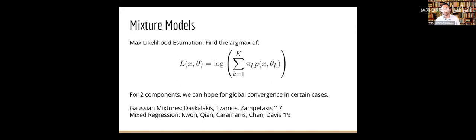In particular, in 2017, Daskalakis, Tzamos, and Zampetakis showed that for a Gaussian mixture of two components, we can initialize randomly and will converge with probability 1. Again, with Jon Yiyol and some other co-authors, we showed that something very similar happens for a mixture of linear regressions. But this is not something that we can count on for anything more than 2.